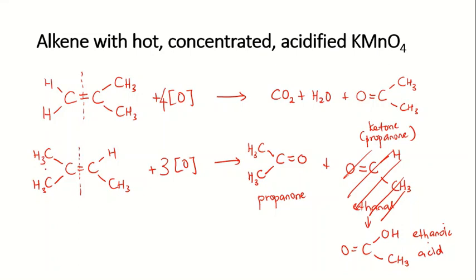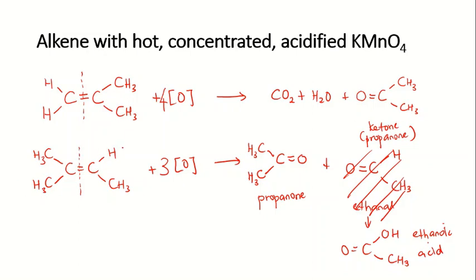Right, let's recap a little bit. If you see a carbon bonded to 2 hydrogens, the product will be CO2 and water. Now if you see a carbon bonded to 2 alkyl groups, you will get a ketone as the product.